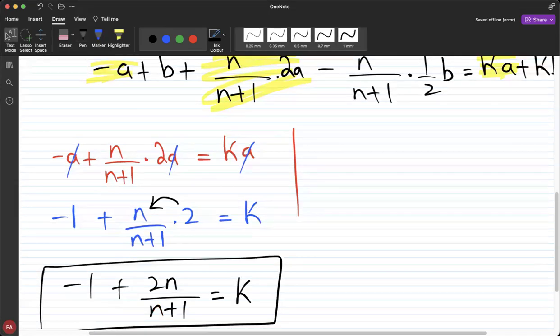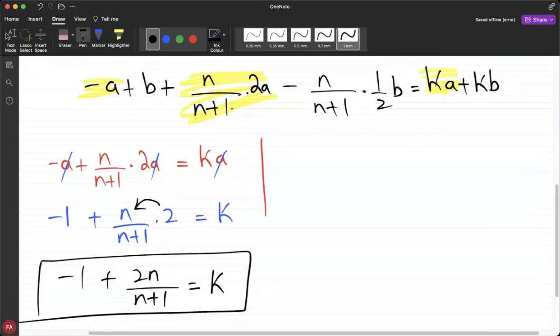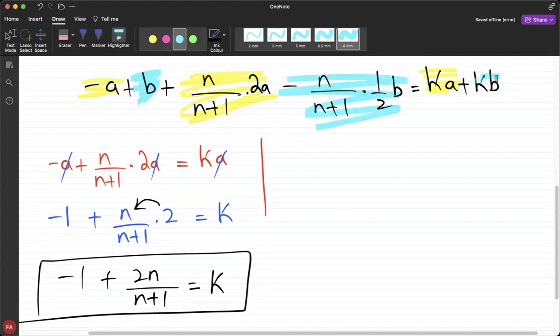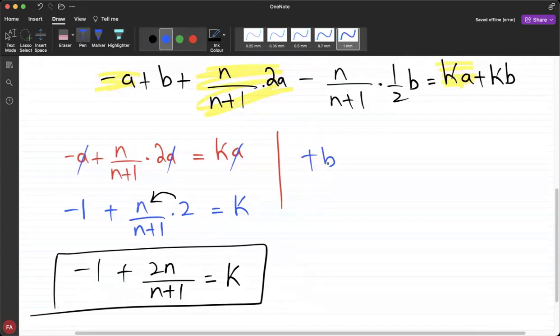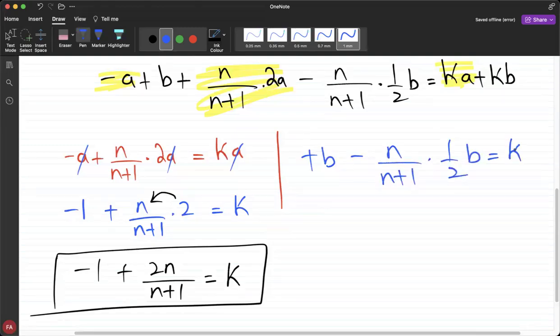Now, in a similar way, I'll compare my b part as well, or I should say the b equations that I will be forming out of this. So now I could say, well, this is b, and well, this is b. Ignore my bad handwriting. So that has to be plus b, and then similarly minus n over n plus 1 dot 1 over 2b is equal to kb.